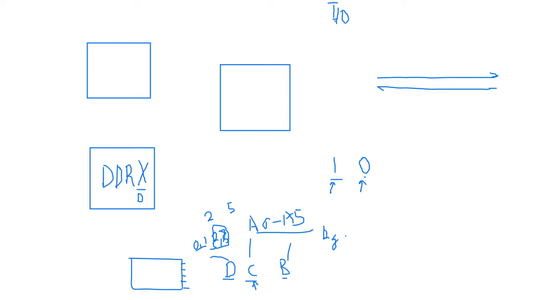So 1 is actually the output, and 0, which I expected to be the output, is the inverse of that: input. So basically 0 is an input.